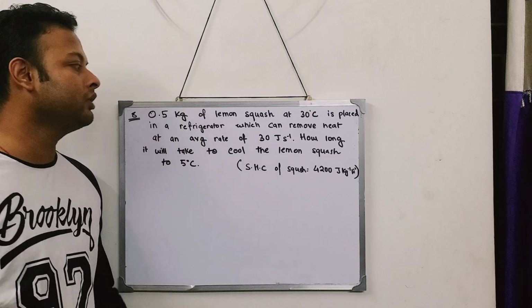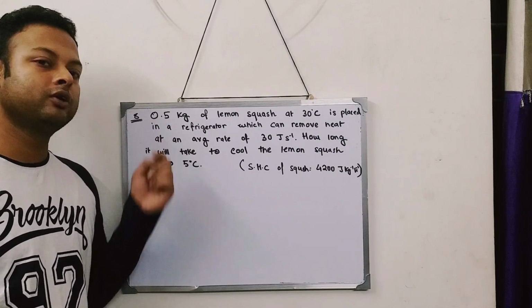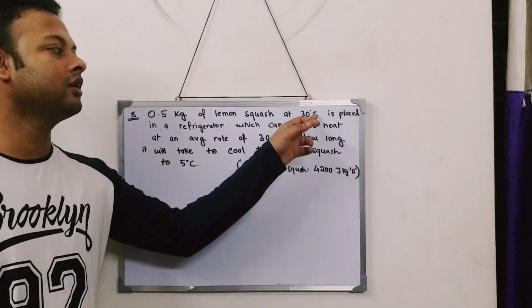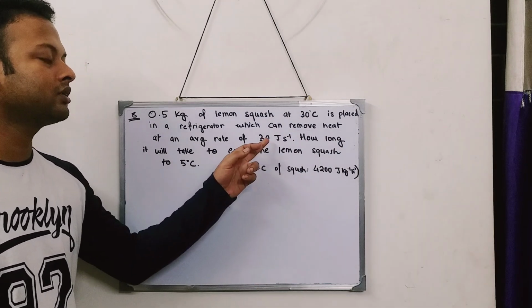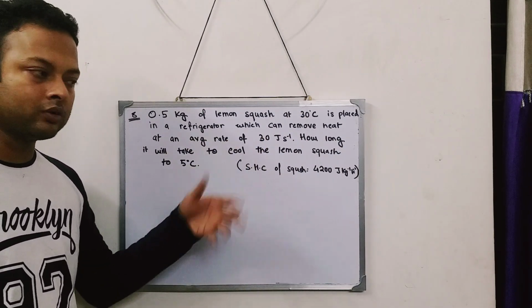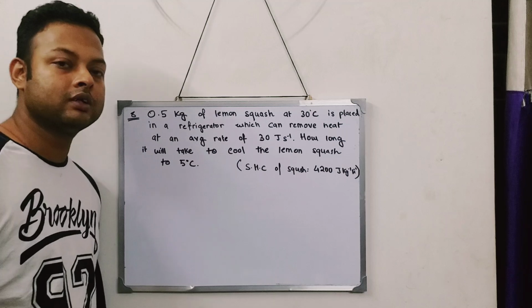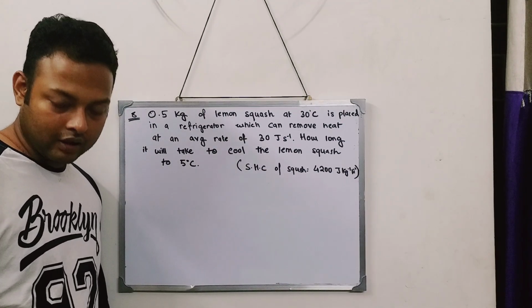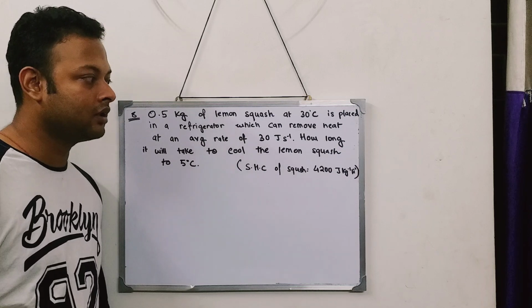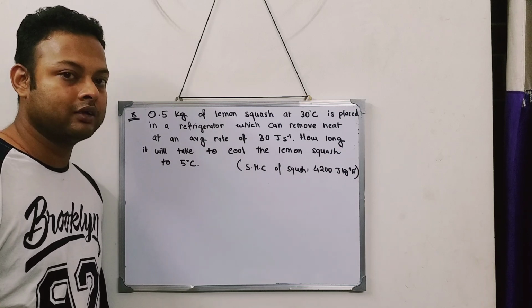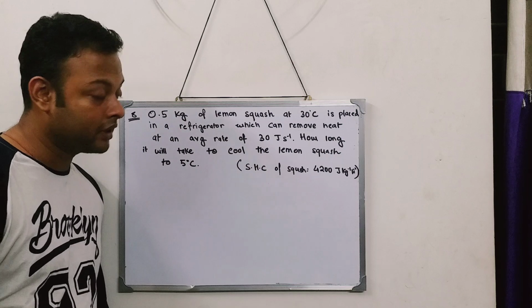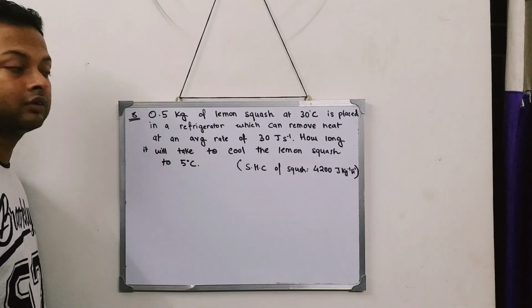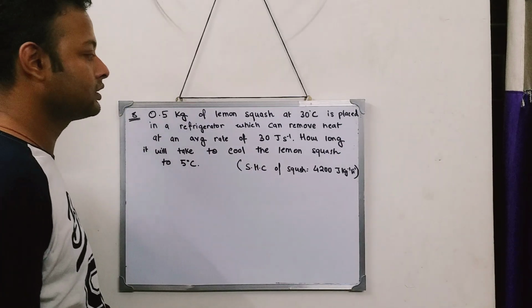Like at home, you can take this 0.5 as 0.6, take 30 as 40, take this 30 as 20, and try this sum with different numbers, and that will help you improve in the numericals. Other than that, numericals are only a part of practice. The better you practice, the better you get in the numericals.